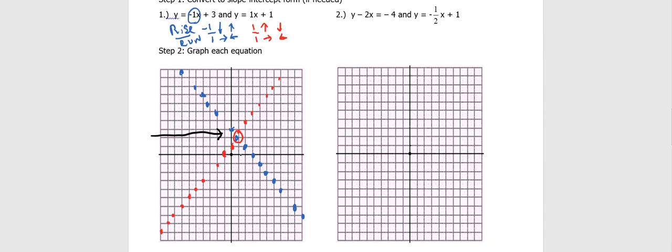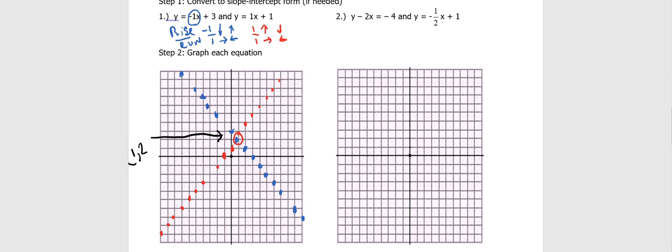It looks like it's 1 for X and 2 for Y. So it's 1, 2. Okay, so I'm going to do the best I can to freehand my line. And of course, you have a ruler to do this, so you're not going to have the same trouble that I am with the line being a little shaky.